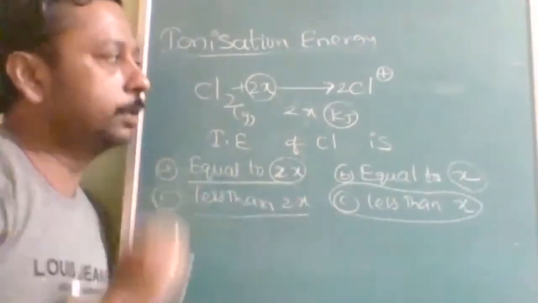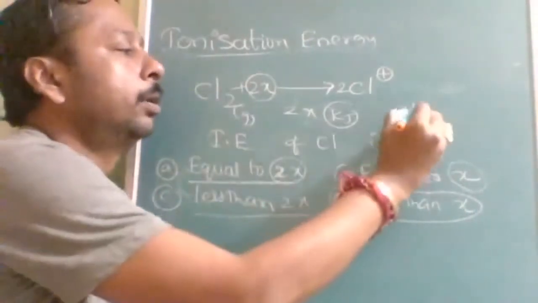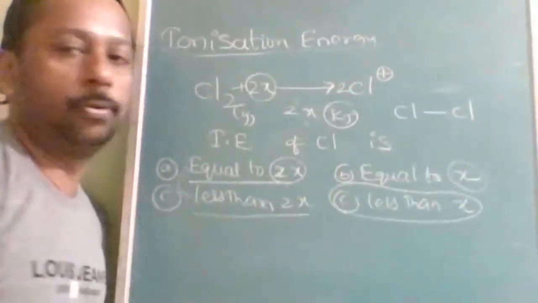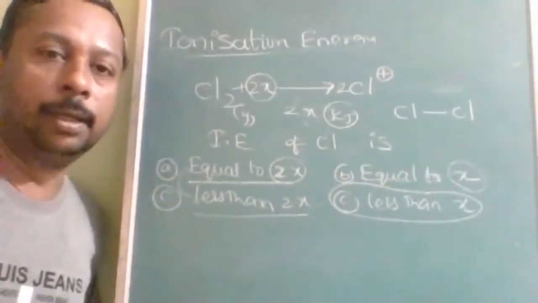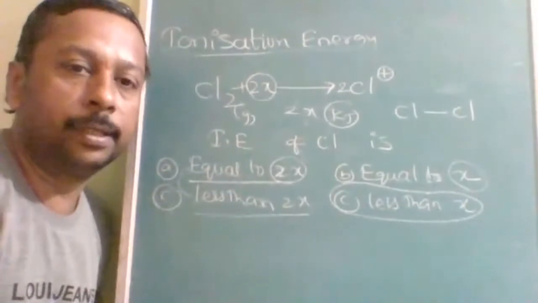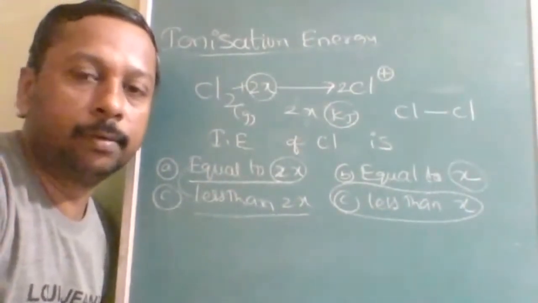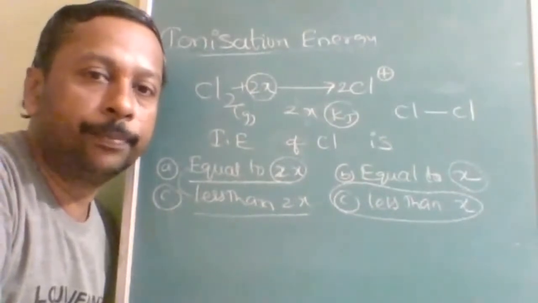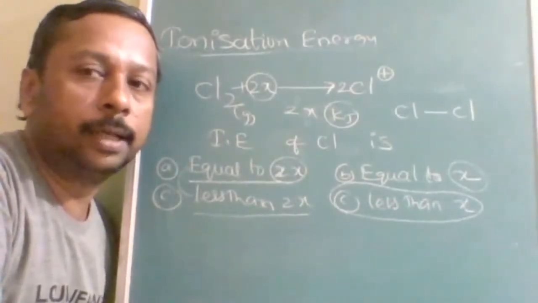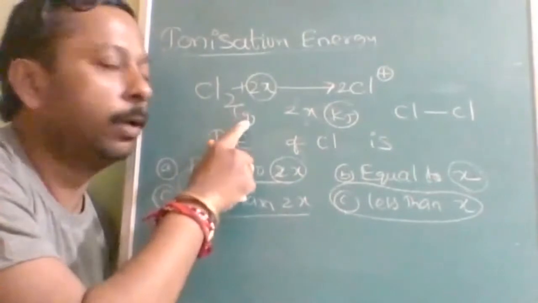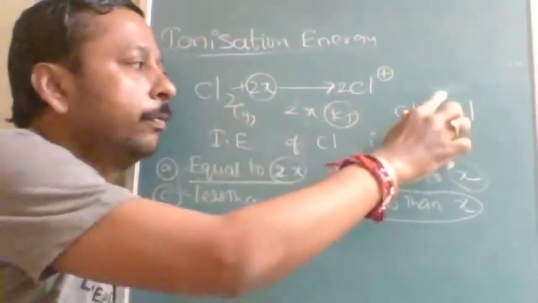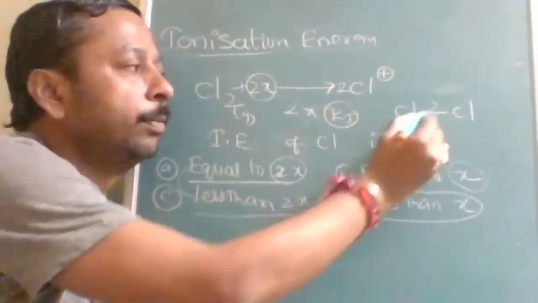Why? Because this energy is also used to break the chlorine-chlorine bond. The ionization energy definition highly specifies that it is the amount of energy required to remove an electron from an isolated gaseous atom. This is a gaseous molecule, and we cannot remove an electron from this directly.